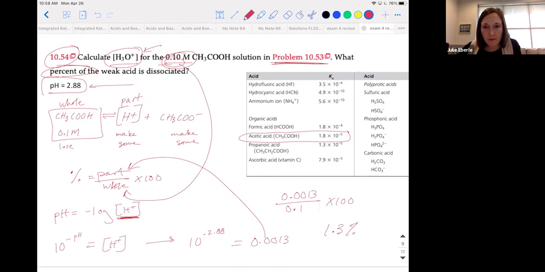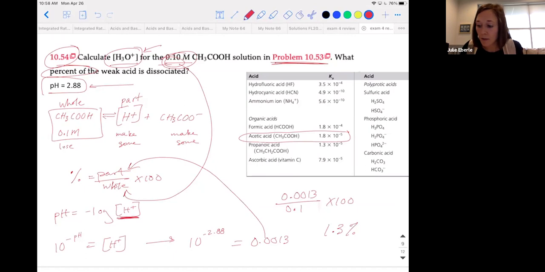Okay. Lord have mercy, I was trying to use Ka and calculate for x squared and all that, which you need to know how to do because we did a problem like that. Remember in lecture when we calculated the pH for a weak acid solution? Anytime you are asked to calculate pH of a weak acid, you have to use the Ka and solve for x squared.